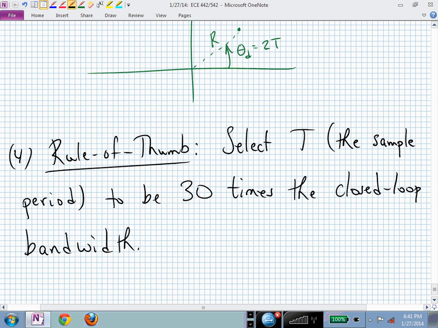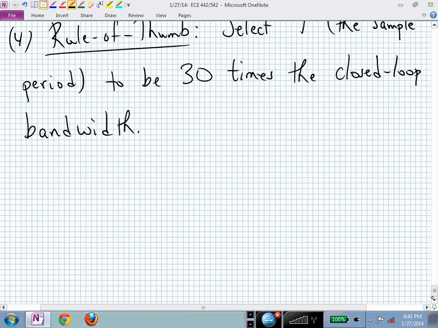Now, in our particular example, let's suppose, and here I'm just pulling this out of thin air, I'm just giving you a closed loop bandwidth for this particular example.